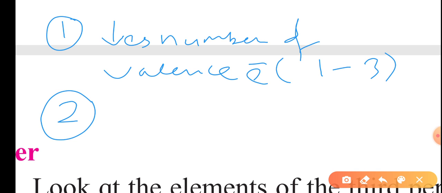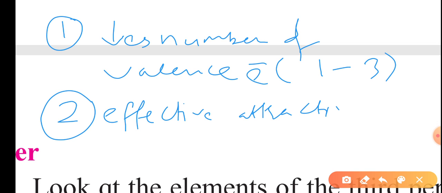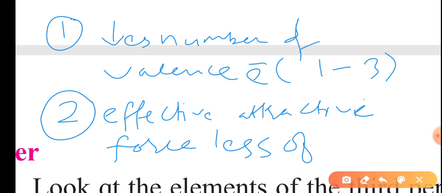usually the effective nuclear attractive force is very less on the valence electron in metals.